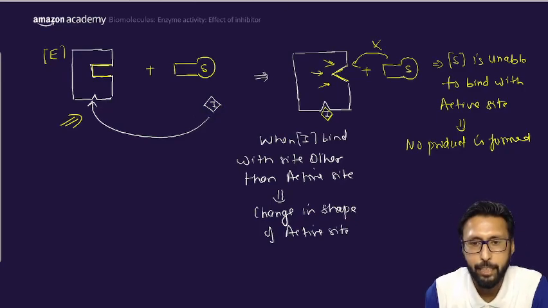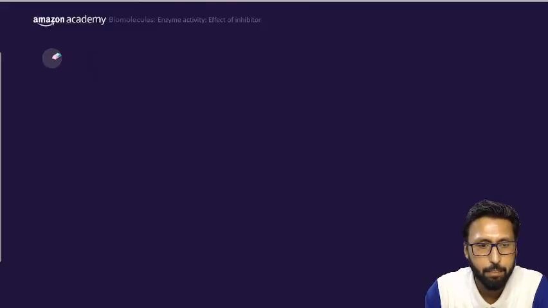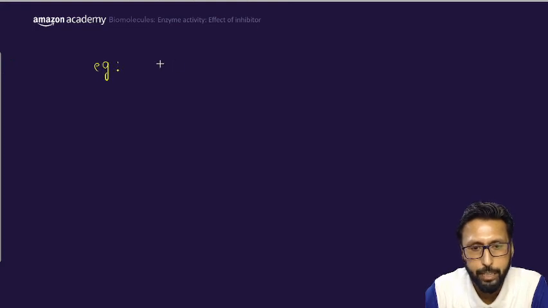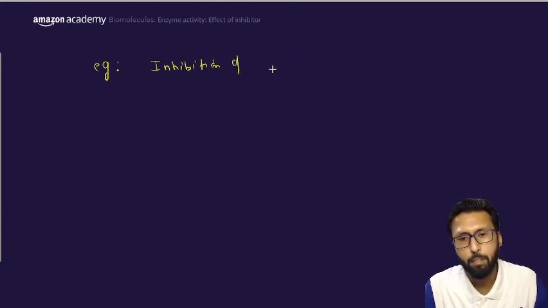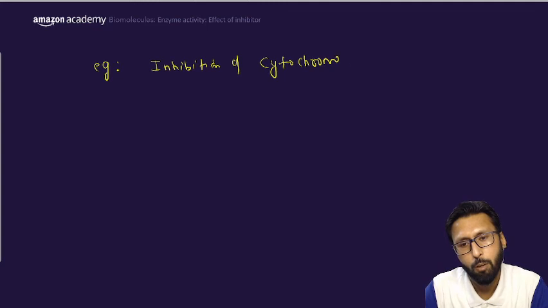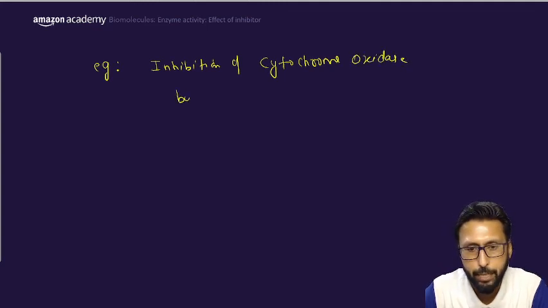So now the active site is no longer able to bind with the substrate and there will be no product formation. Let's take an example. An example of this kind of inhibition is the inhibition of cytochrome oxidase, which is a very important enzyme in respiration, by cyanide.